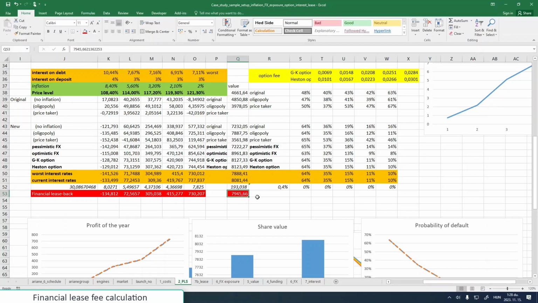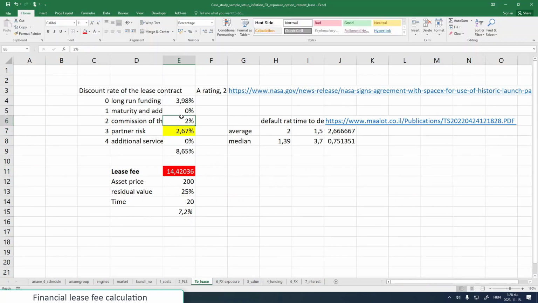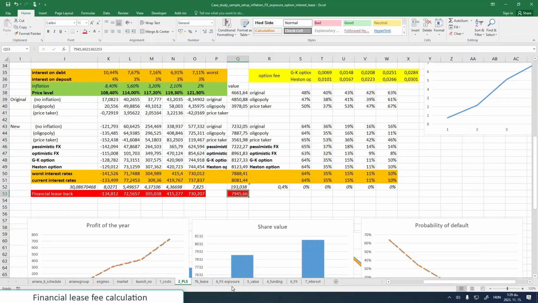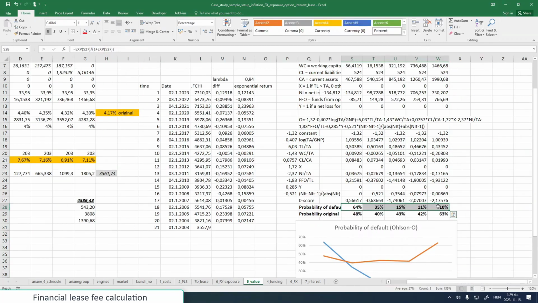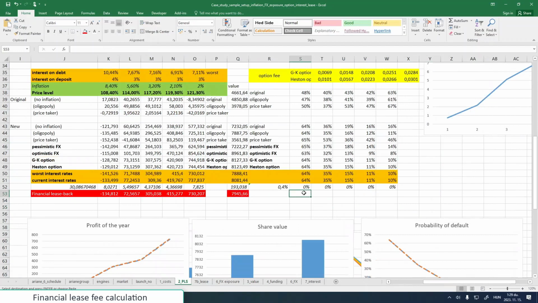It's somewhere in between, and we were using the strictest level to determine it, so we have a high commission rate and high partner risk consideration here. We cannot say that we try to make everything easier. In many cases these should be more expensive. It has absolutely no influence on the default probability as well.